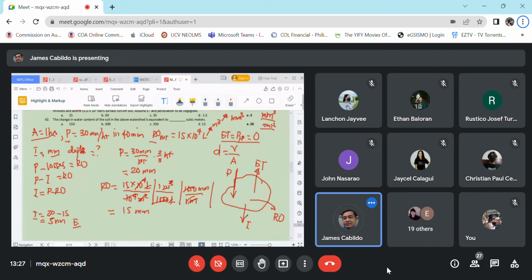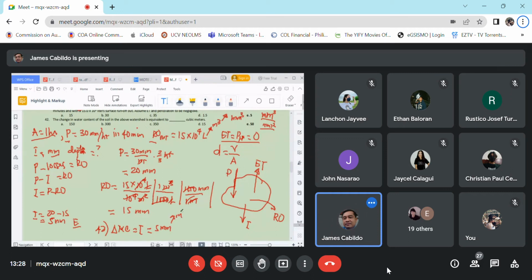So yung number 42, the change in moisture content, delta MC, is equal to yung I. So ang I natin ay 5 mm. Para maging cubic meters ito, pwede natin ma-convert ito into meters.